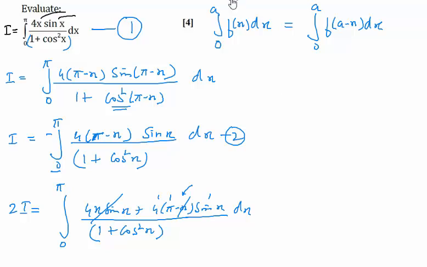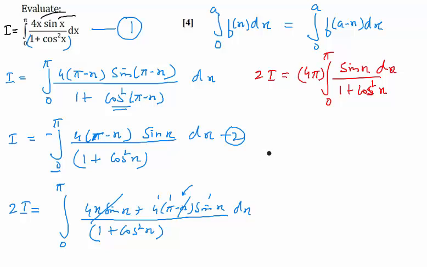From this, I get 2 times I is equal to 4 pi times the integral from 0 to pi of sin x dx divided by 1 plus cos square x, right? I have taken the constant quantity outside of the integral.